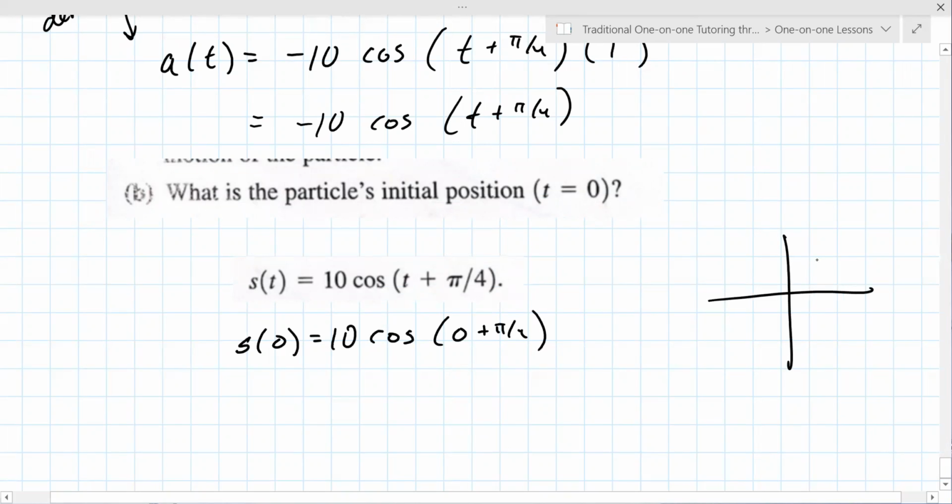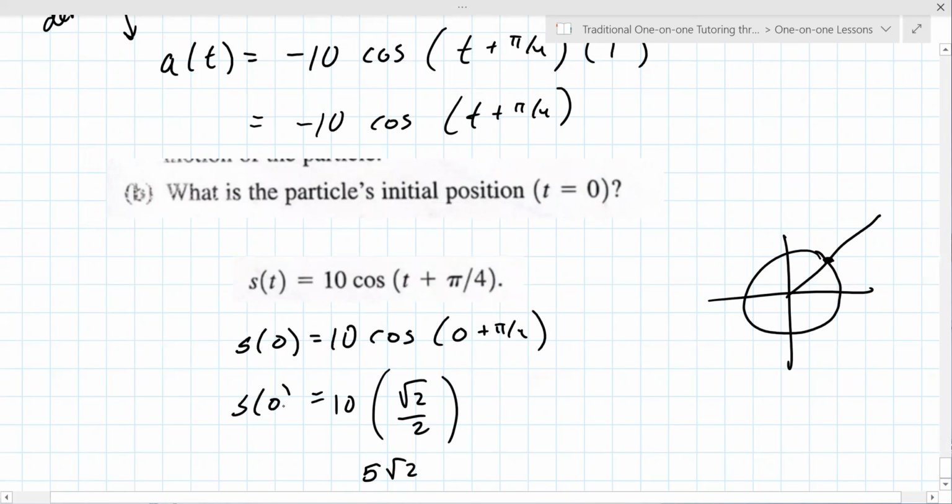Now where is that on your unit circle? Pi over 4 is right there. Cosine is the x value. So you do need to know those ones. So 5 square root 2.